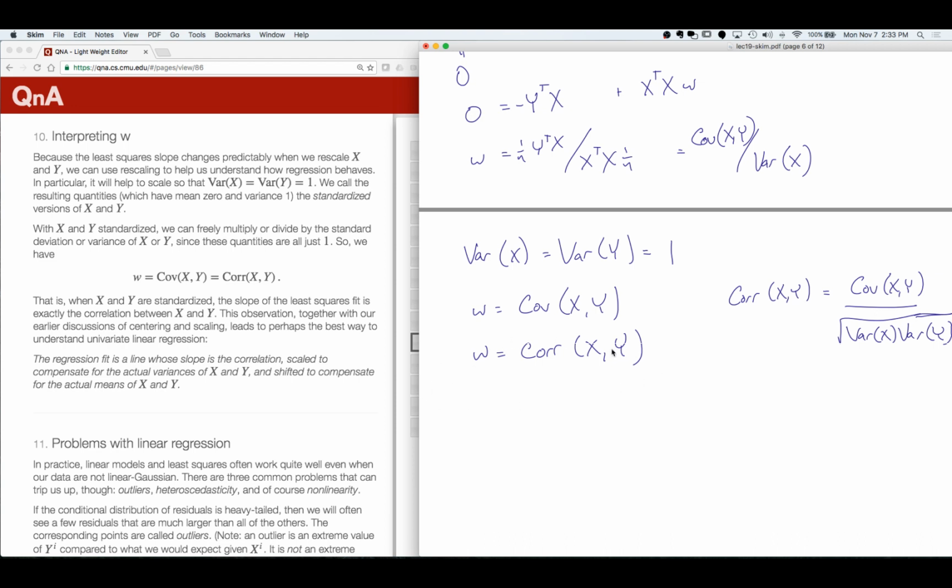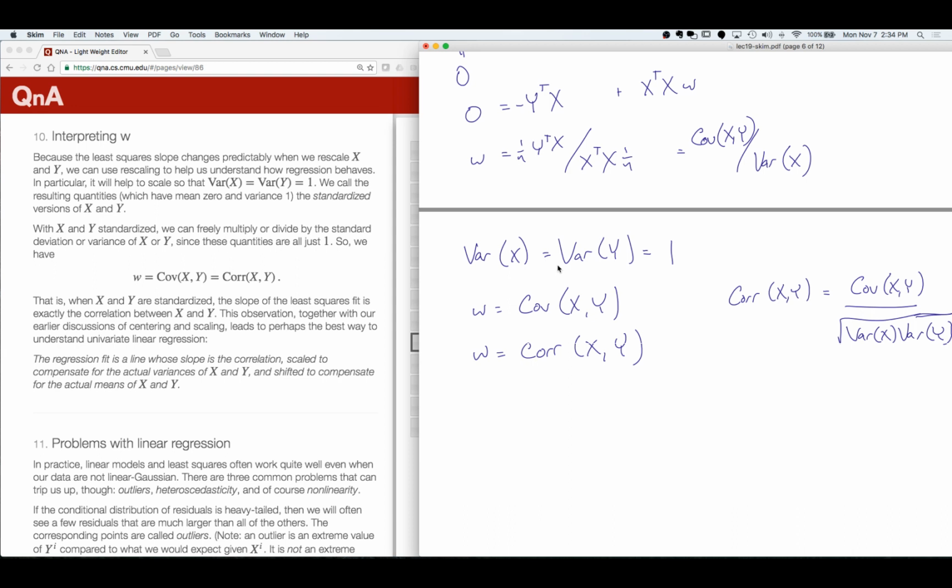So this here is maybe, to me, the best way to interpret a linear regression. In particular, what it says is that if x and y have 0 mean and unit variance, then the regression line has just slope equal to the correlation between x and y, right? So the best fit line just depends on their correlation. If x and y do not have unit variance, then we can just scale the correlation to compensate for the variance of x and y.